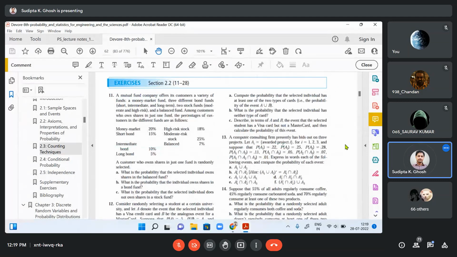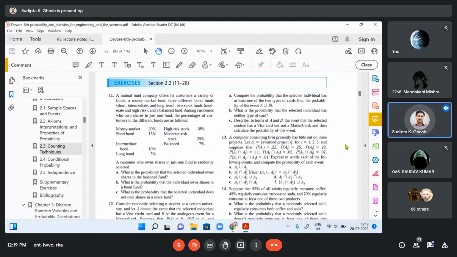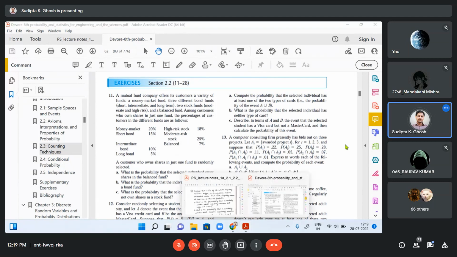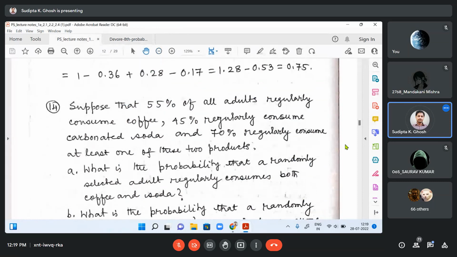Is it an exercise problem? Yes, sir. So I have taken the problem from the exercise problems, which I have solved on my own. So right now the problem is 14. Suppose that 55% of the adults regularly, that I am reading here. See how I have solved the problem.